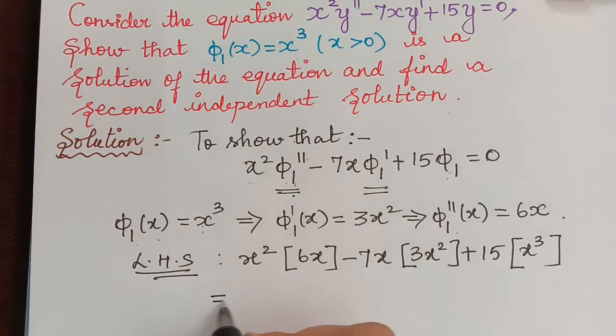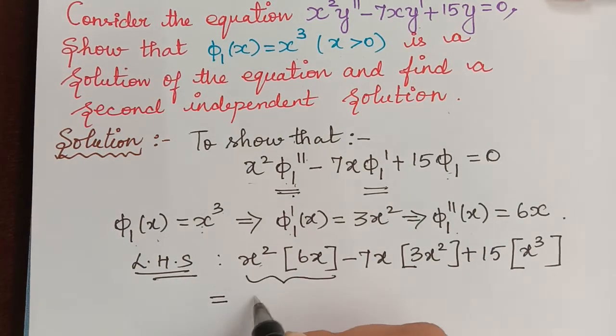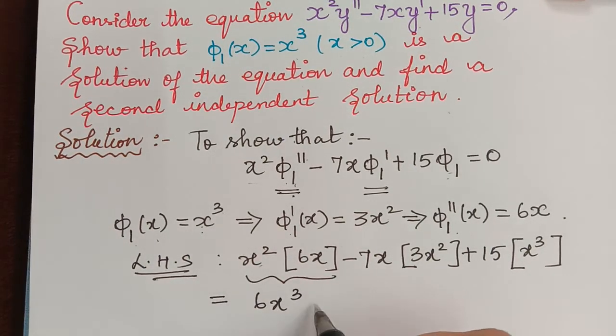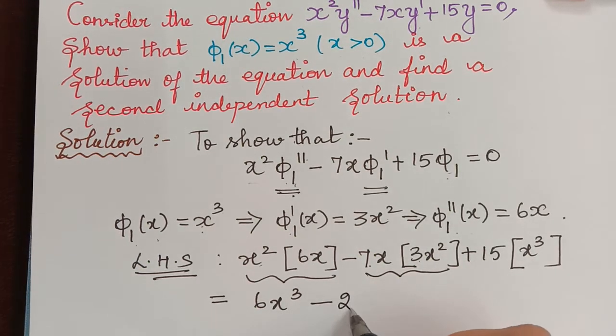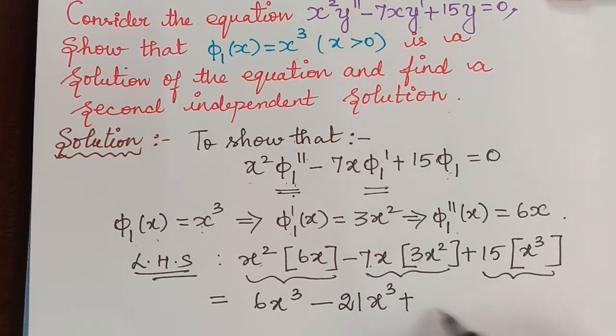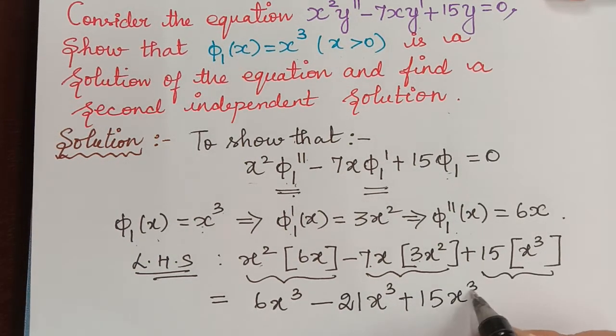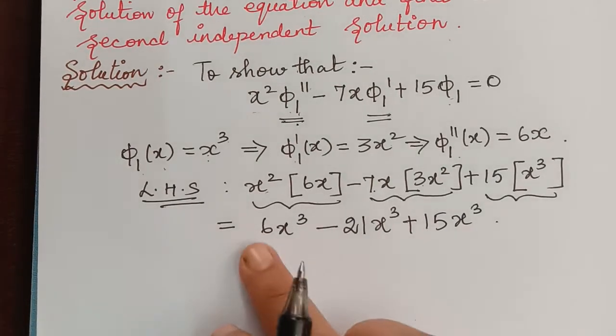So that is equal to, so this becomes 6x cube minus, so this turns out to be 7 times 3 is 21, so 21x cube plus 15x cube. So now 6 plus 15 is 21.